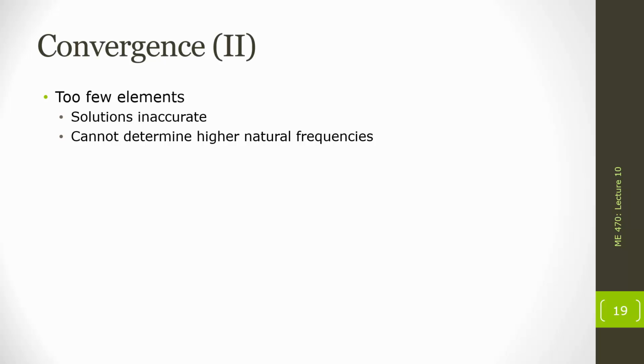The first natural frequency will be, as a percent difference, closer to the actual than the second, and closer than the third. The other problem with using too few elements is that if we're interested in the first several natural frequencies, we won't even be able to see them, because we only get as many natural frequencies as we have degrees of freedom.